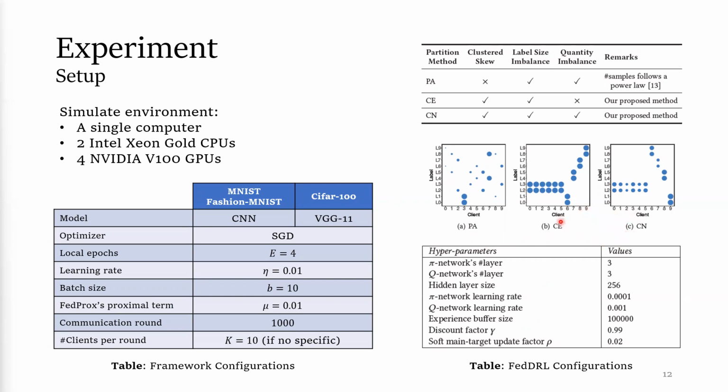As you can see, the first one with equal samples for each client will be denoted as CE, E for equal. And the other is CN, N for non-equal, but still cluster skew. Other hyperparameters are demonstrated in the tables, and you can see them here. We train with 1,000 communication rounds, and for each round, we have 10 clients participating in the training process.